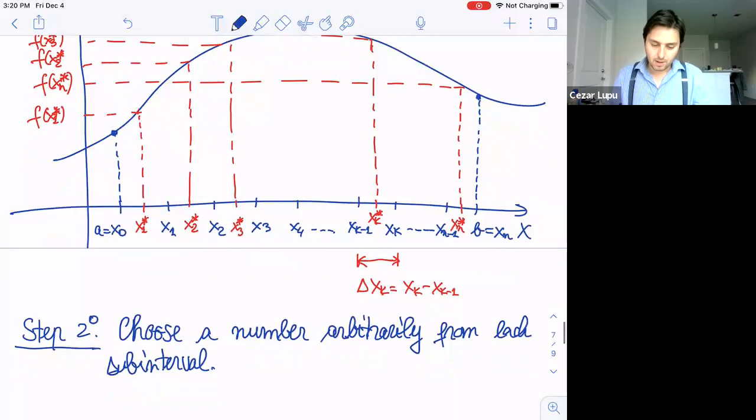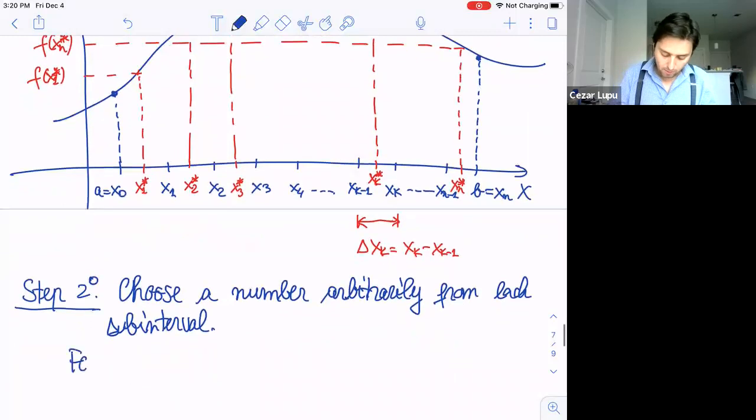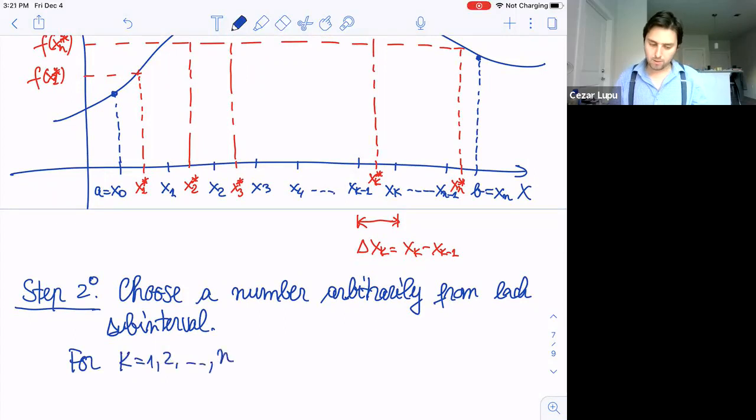All right, and now for k equals 1, 2, to n, right?